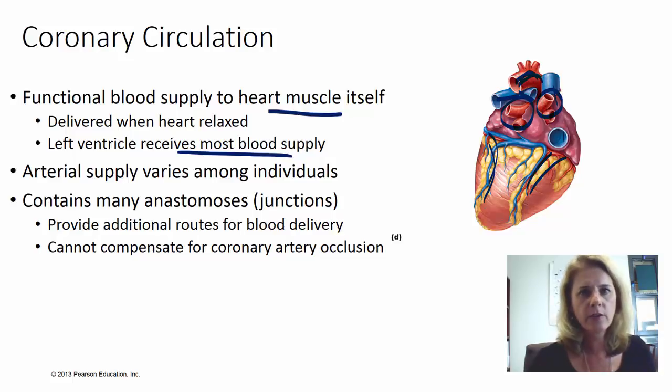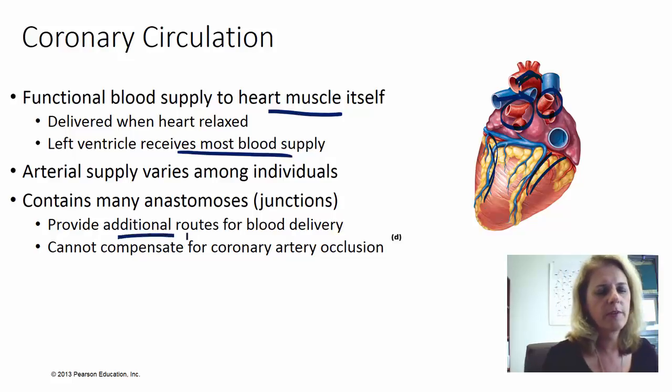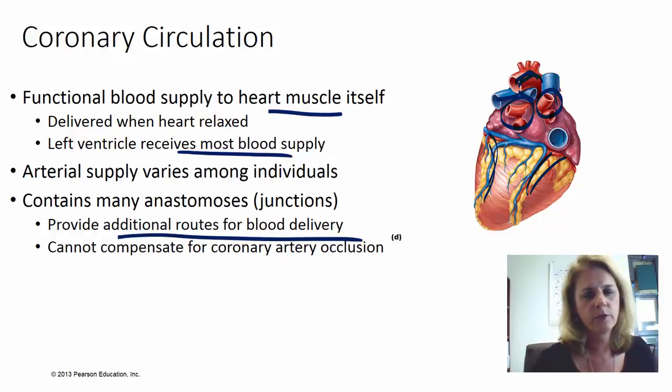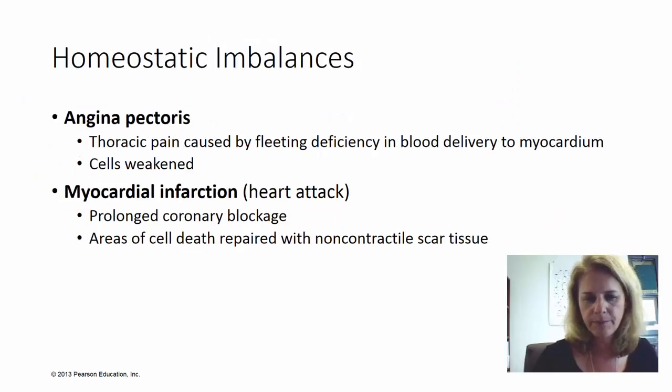This allows multiple routes of blood delivery to the heart, because you really don't want the heart to not be nourished, because then you would have what's called a heart attack. The heart tries as hard as it can to provide as many routes as it can for nourishment. But obviously heart attacks exist, so we can't always compensate for coronary artery occlusion, but our heart does at least try.